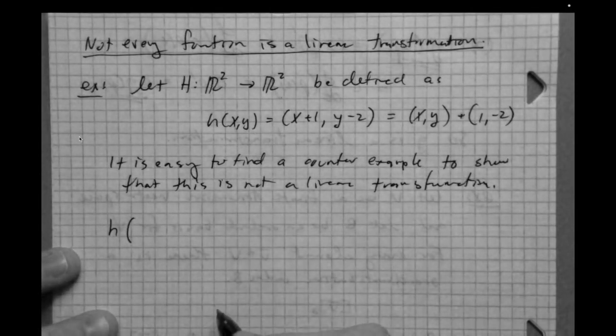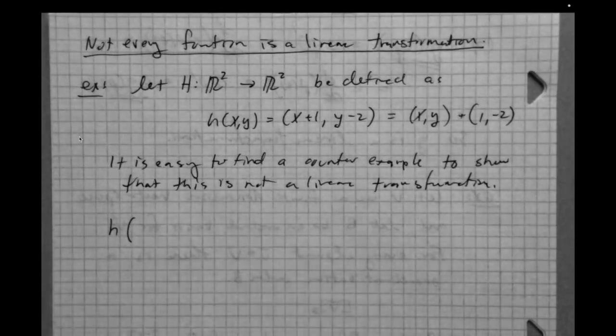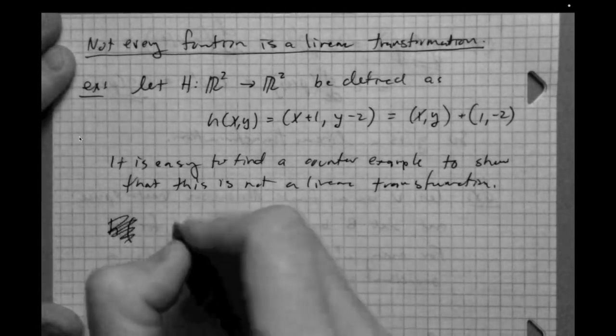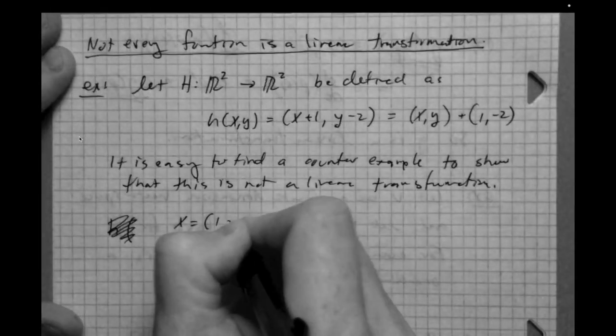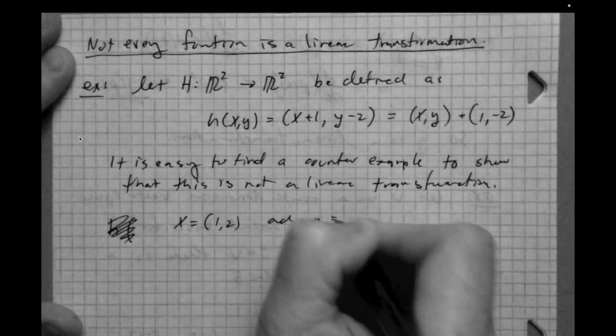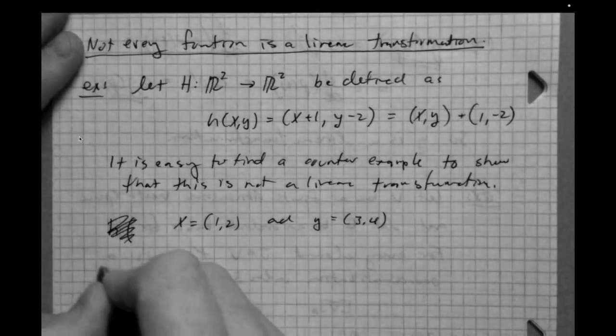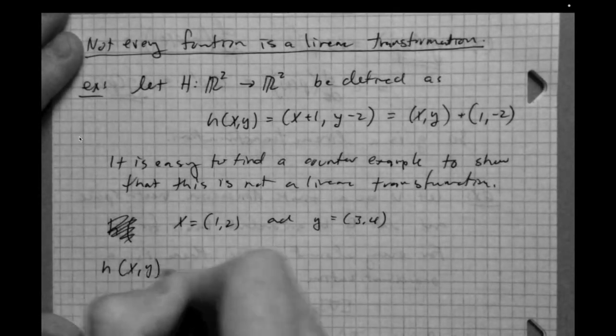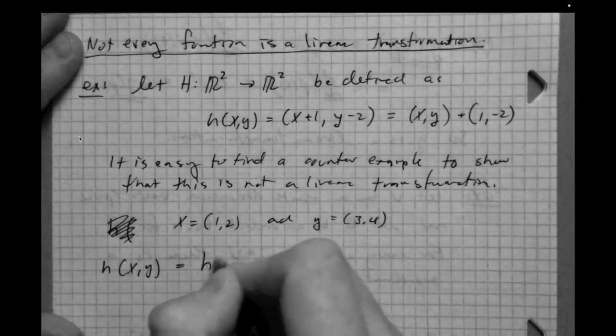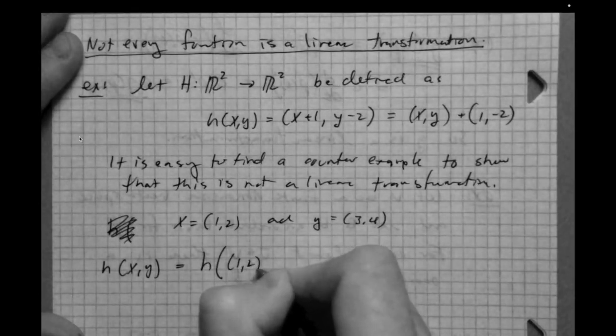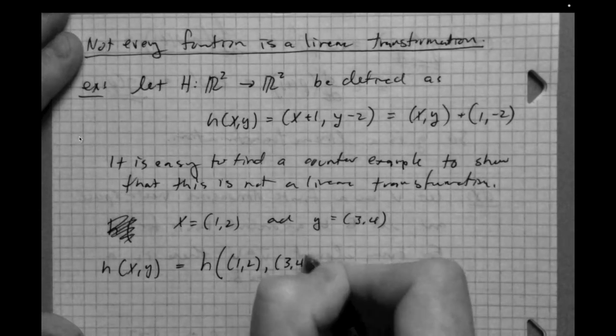We'll take two vectors. Let me write them out. So x equals (1, 2), and y equals (3, 4). Now if I apply h, h of x and y is equal to h applied to (1, 2) and (3, 4).